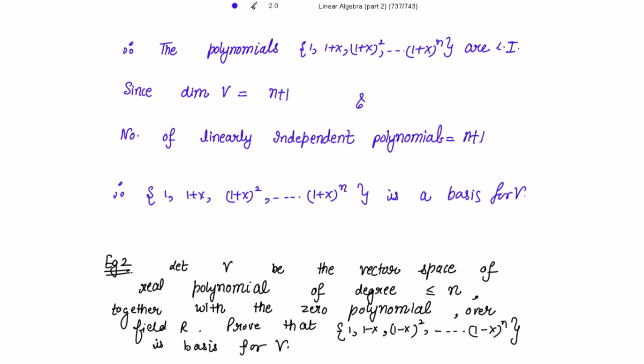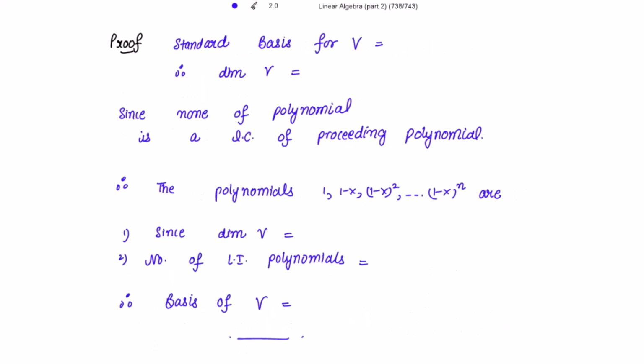Again, the same proof. What is the standard basis for V? 1, x, x square, x cube, up to x to the power n, because V is a vector space of real polynomials of degree less than or equal to n. What is the dimension of V here then? Yes, n plus 1. The number of polynomials present in the standard basis of V is n plus 1, so the dimension of V is n plus 1.